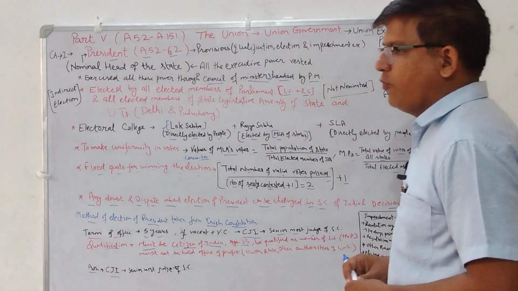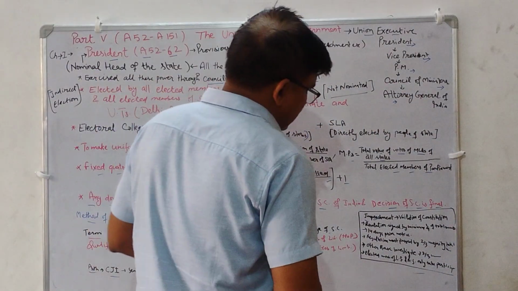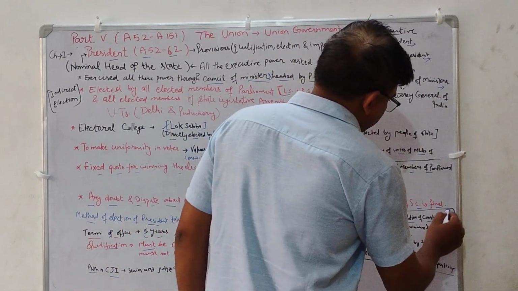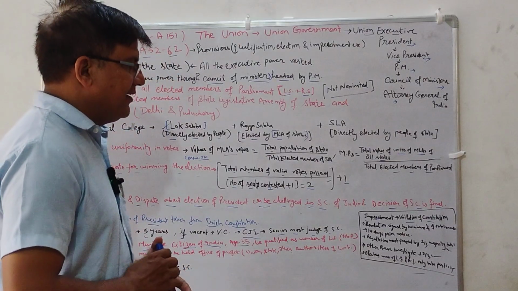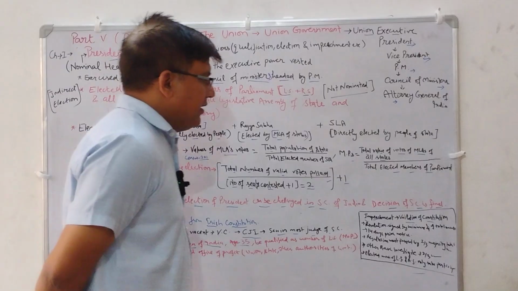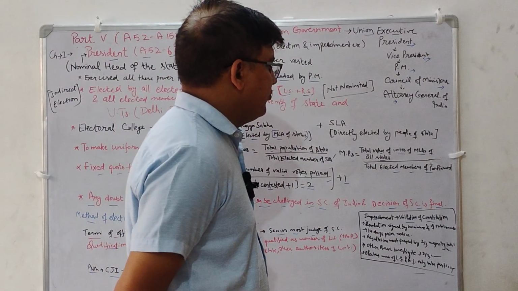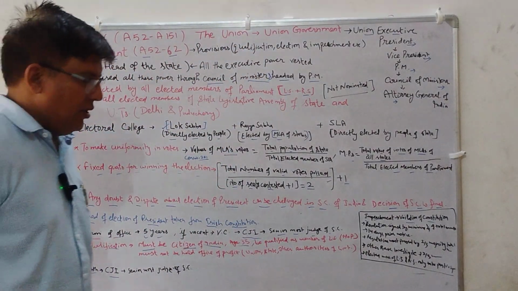Impeachment is the process for the removal of the president. This can be done only in case of violation of the constitution. Now the question is, what is violation of the constitution? It is nowhere defined in the constitution what the violation of the constitution is.